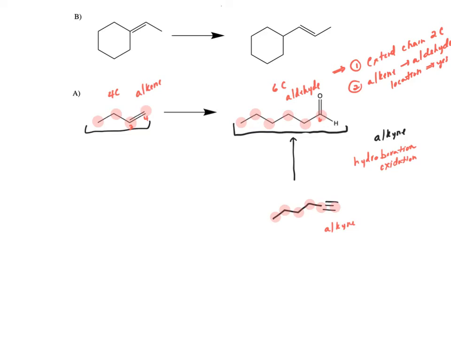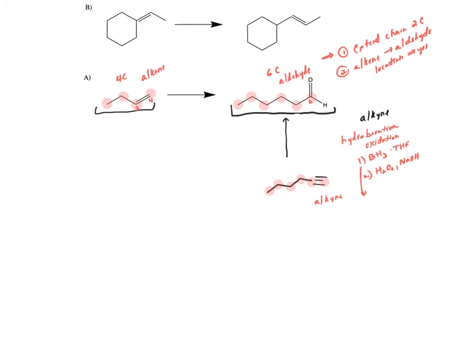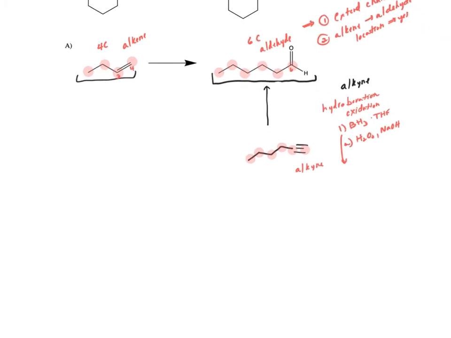If you think back to the reagents that are going to generate that, we know the hydroboration oxidation uses borane, BH3 in THF, as the first step. Then in the second step, it's oxidized, so we use H2O2, NaOH. Now, the only problem with the BH3 is that because the alkyne has 2 pi bonds, both of those can add to the borane. So the only little change we had to make for our hydroboration of an alkyne as compared to an alkene was that we couldn't use BH3.